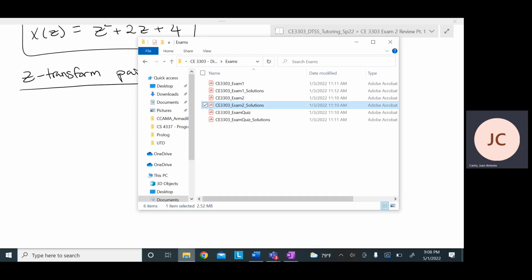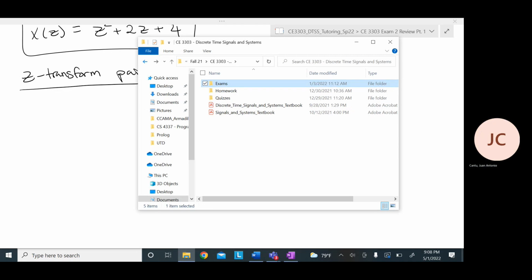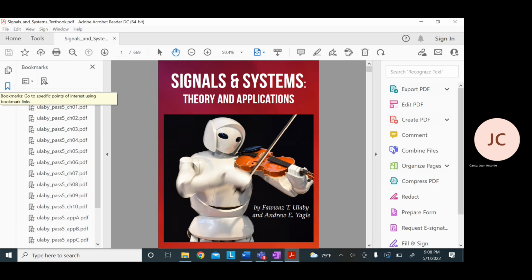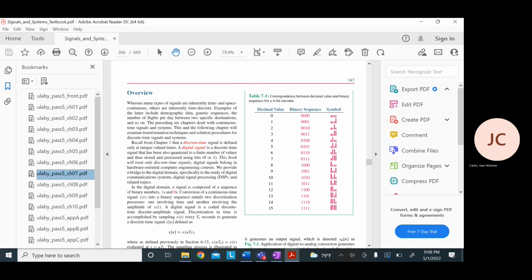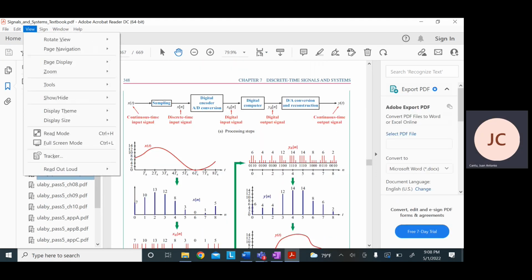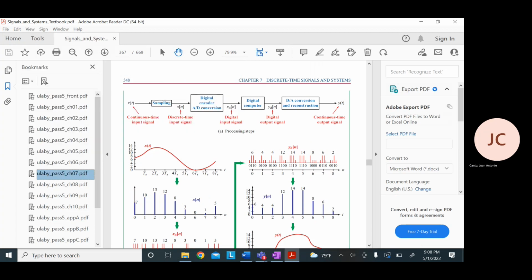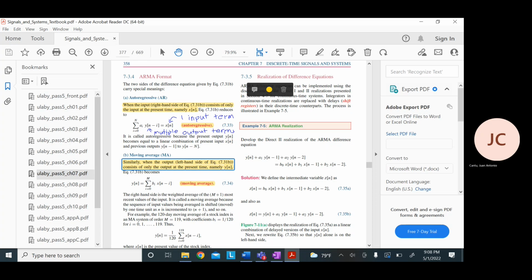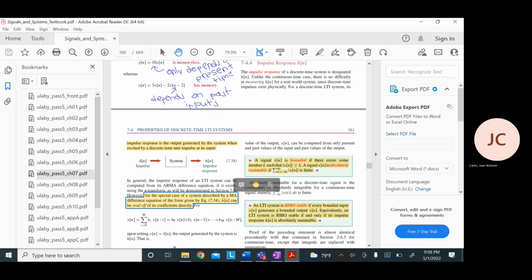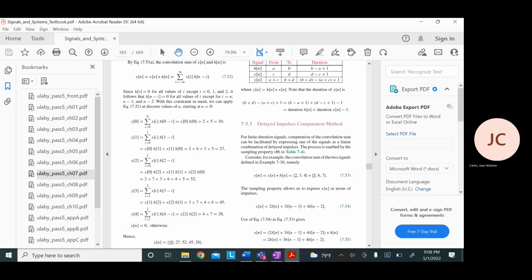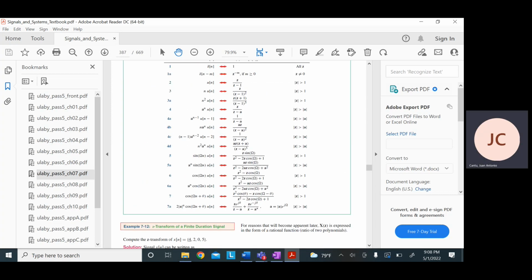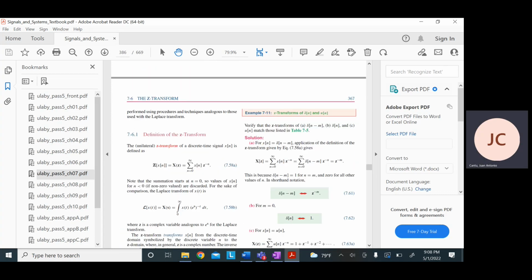So if I open the textbook, let's actually change this. Okay, and we go to Z-transform. It's convolution, almost there. Here's the Z-transform.